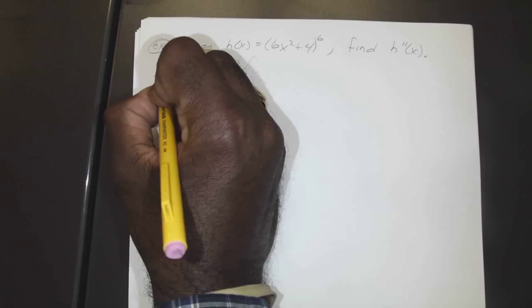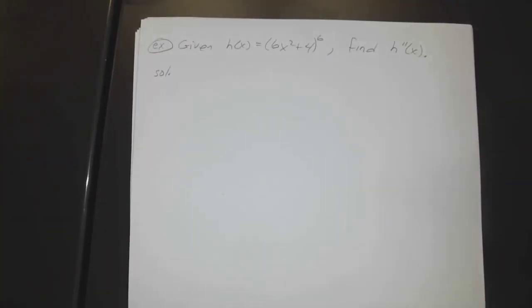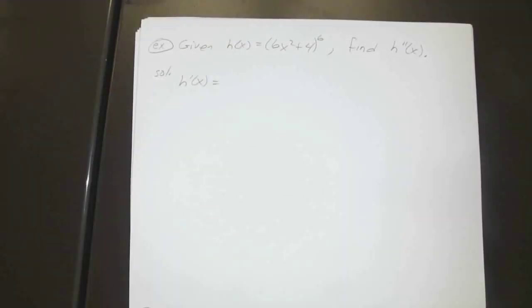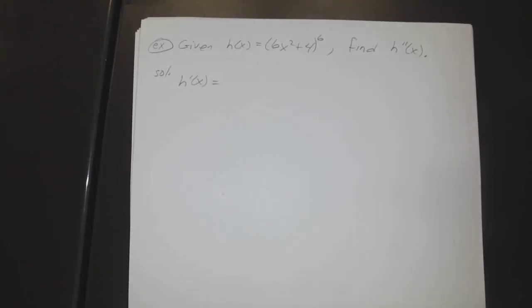All right, so for this one, we're going to do the same thing. We're going to find our first derivative. And I'll give you a few minutes to start on that one.